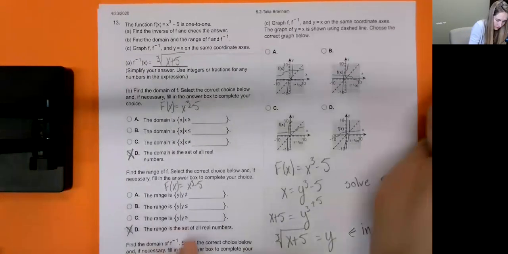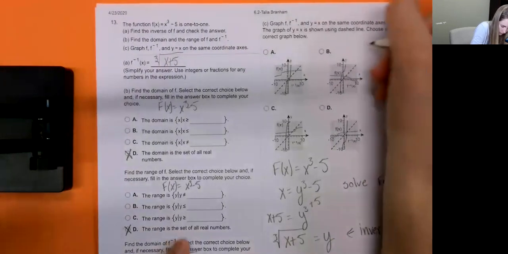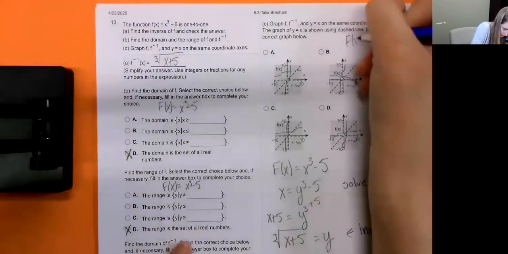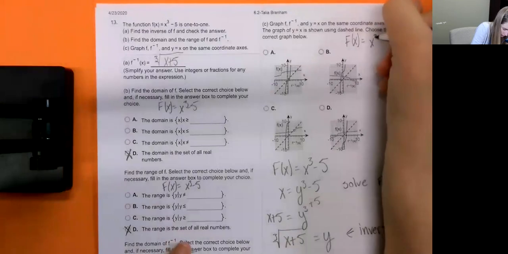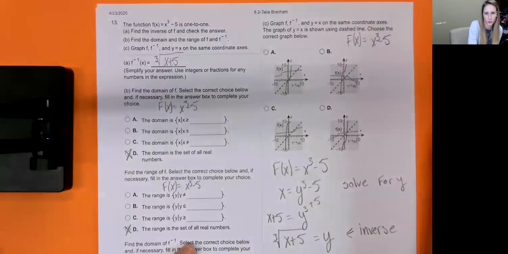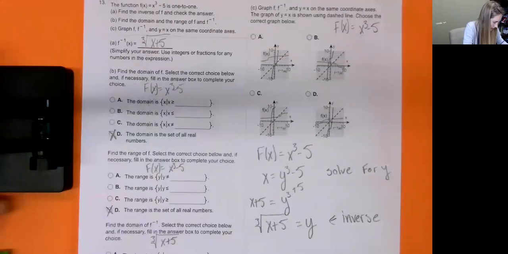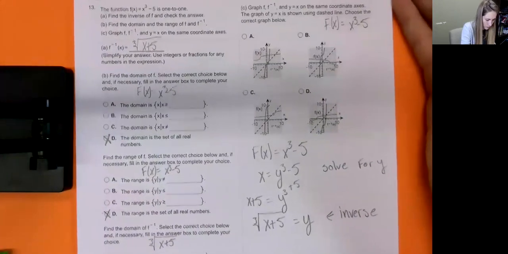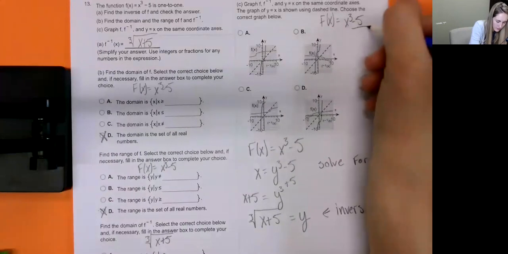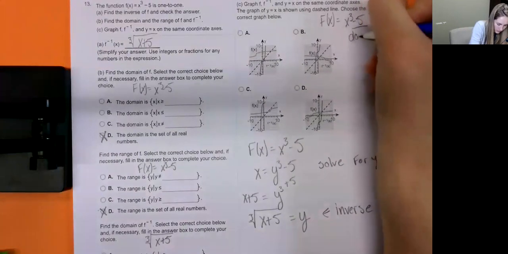Now when we go to graph this one, since it's multiple choice, we have f of x equals x cubed subtract 5. If you remember our rules from chapter 3, the end of 3, and that one section in 4, you know that subtract 5 on the outside means we're going to go down 5 units.